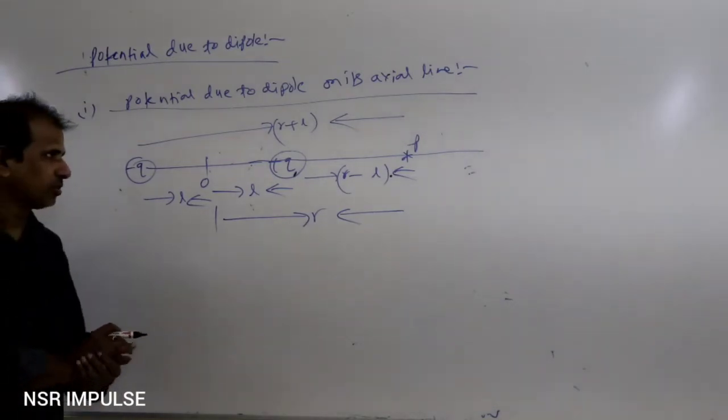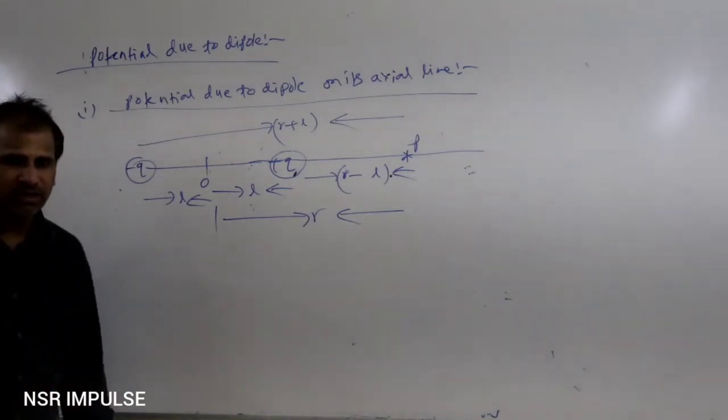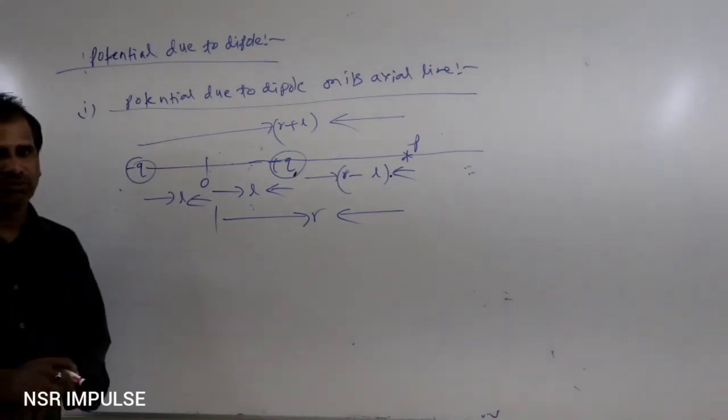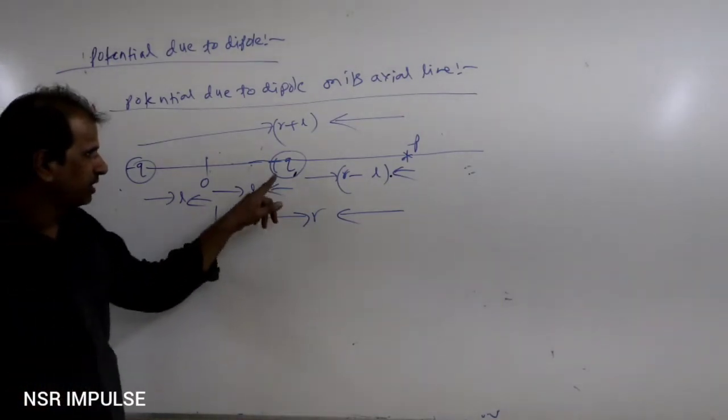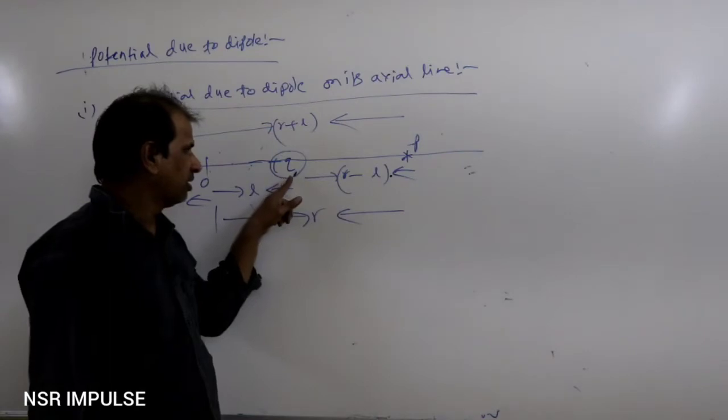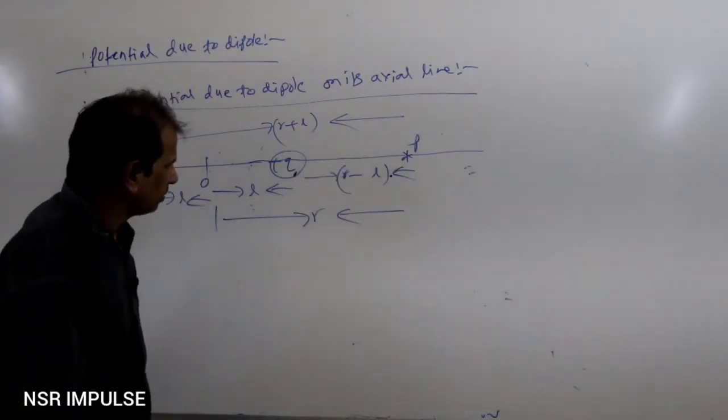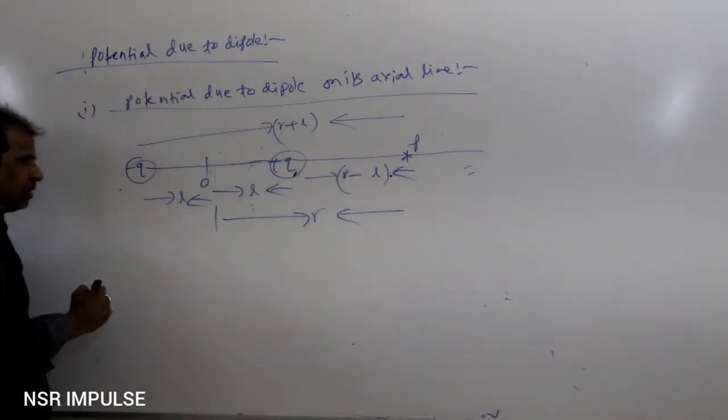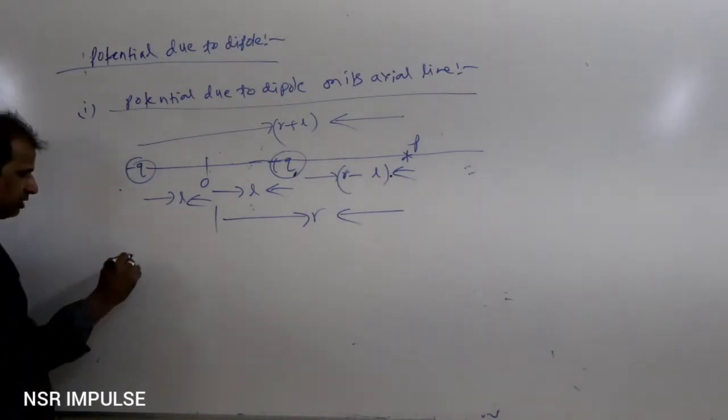Now what do we have to do here? We have to find the potential due to the dipole. Which charge? Positive charge. The positive charge will give the potential at point P. You know positive charge gives positive potential.